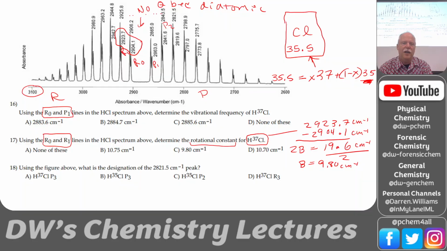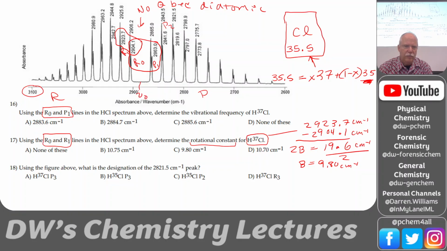You could calculate any of those symmetric peaks and calculate the vibrational frequency. So I have to tell you which one I'm using for my answers. Okay. So we're saying use R0 and P1. So that's these two, to find this right here.